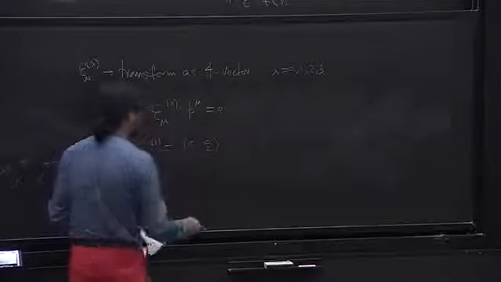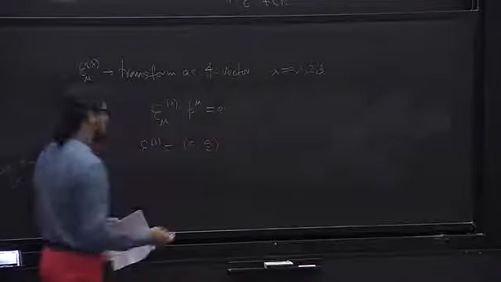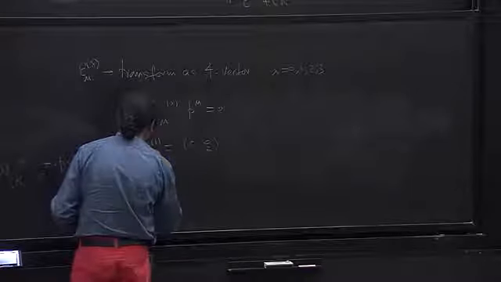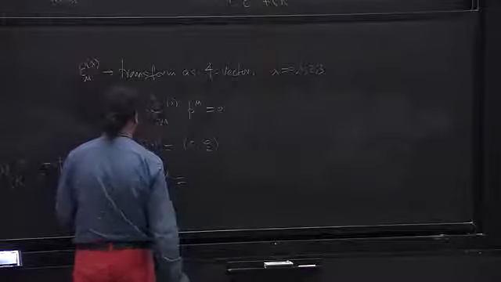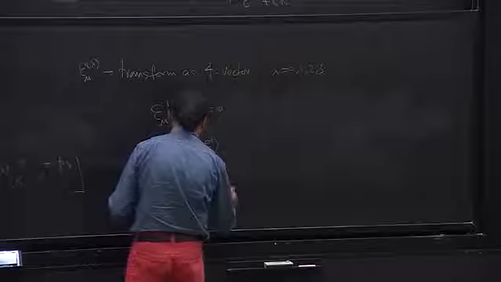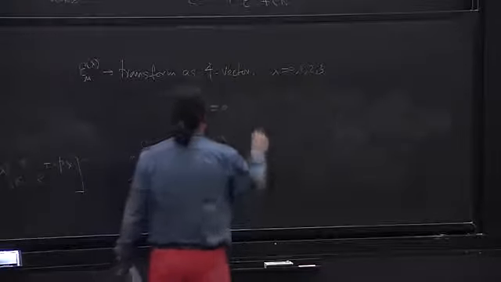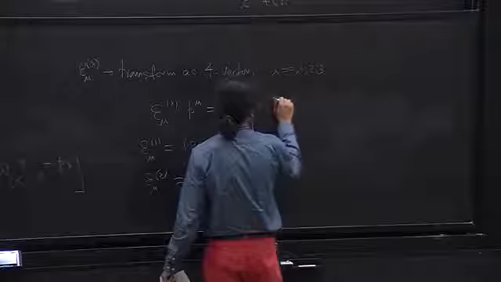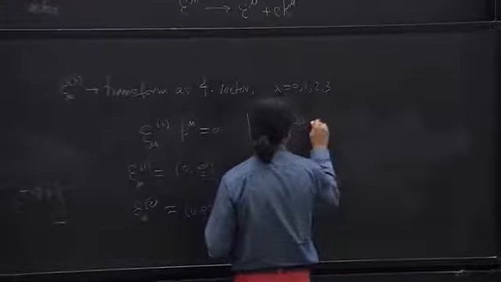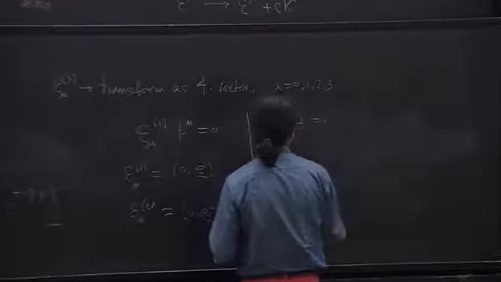There is no time-like polarization. So this is some 3 vector. And if the momentum of the photon is p, then they have to be transverse to that. Electromagnetic waves are transverse waves.